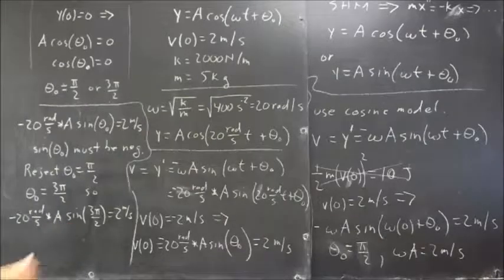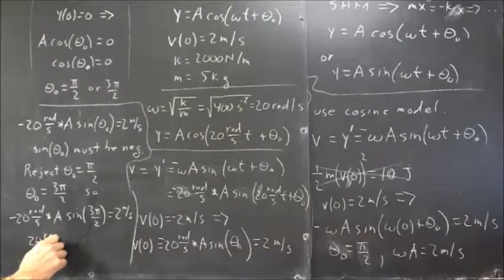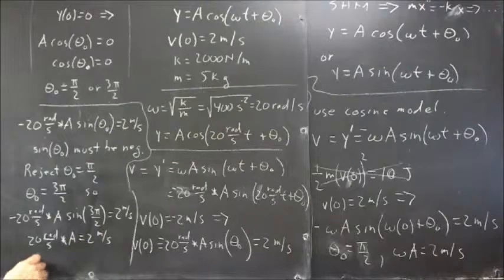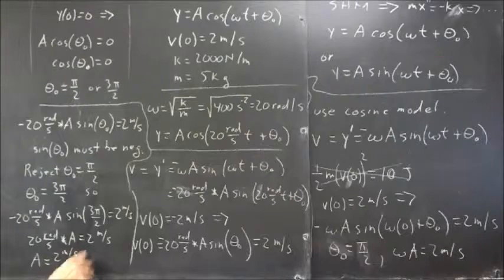Sine of 3 pi over 2 is negative 1. That tells us that 20 radians per second times A equals 2 meters per second, so that A equals 2 meters per second divided by 20 radians per second. Now, work out what that is.